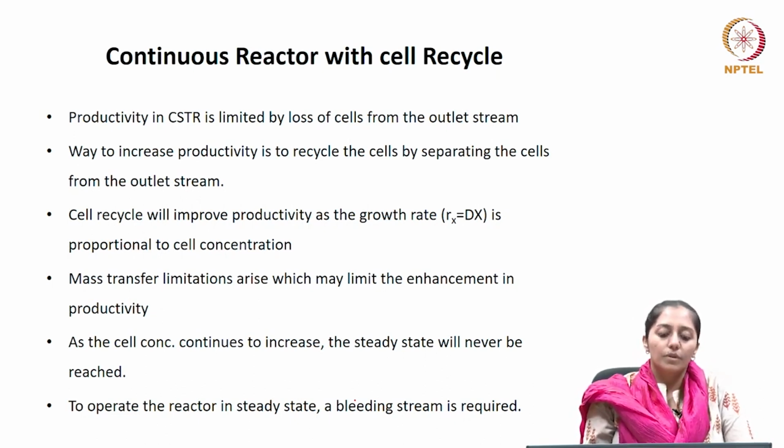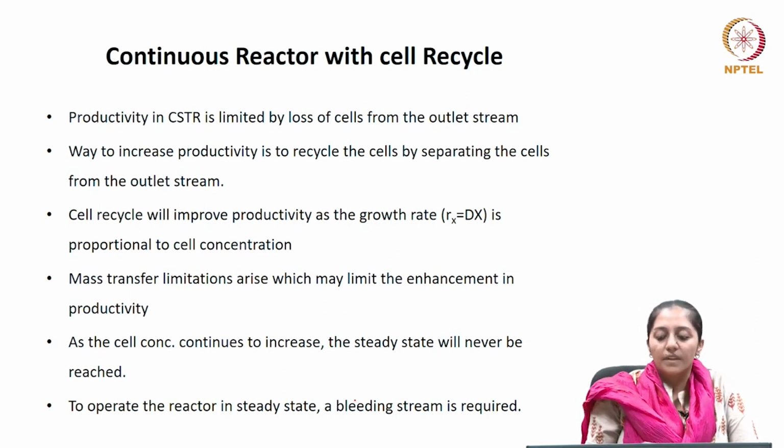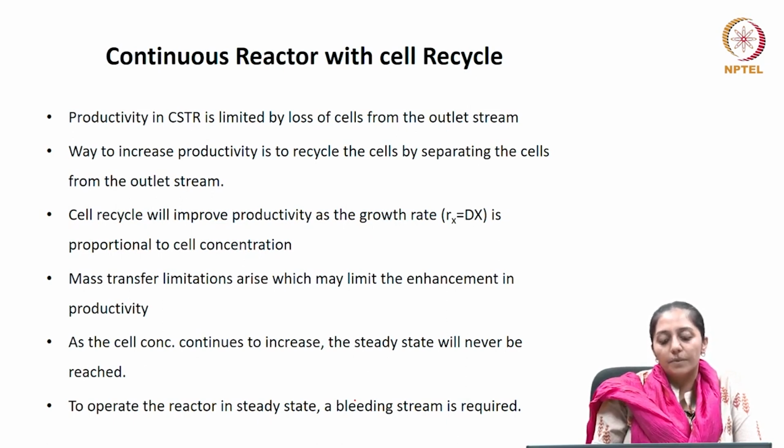A way therefore to increase the productivity can be to recycle the cells by separating the cells from the outlet stream. So, cell recycle therefore can improve productivity as the growth rate is a function of the dilution rate and the biomass.